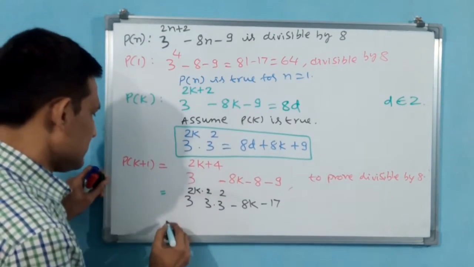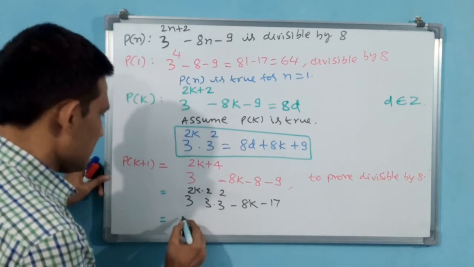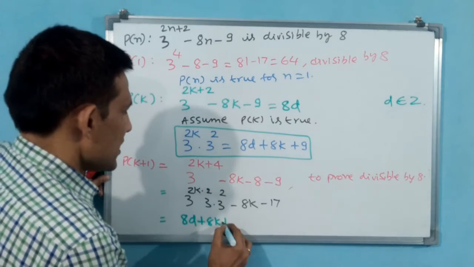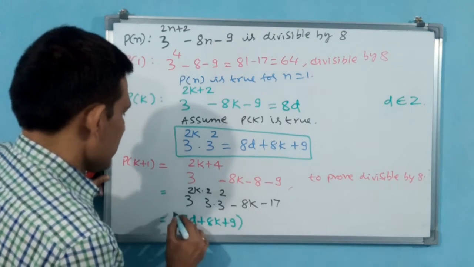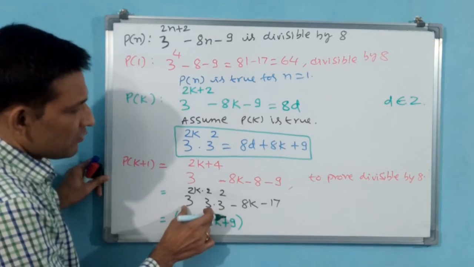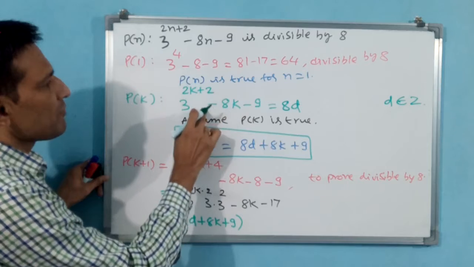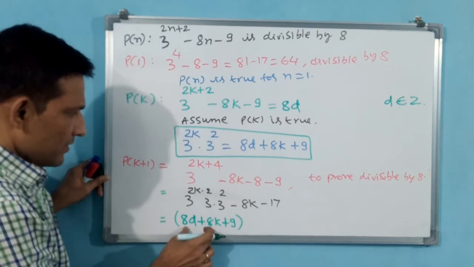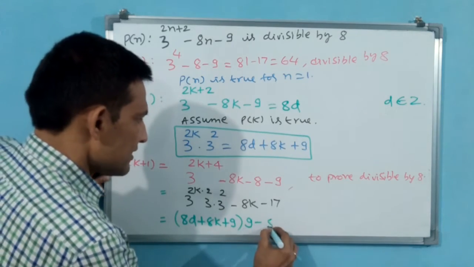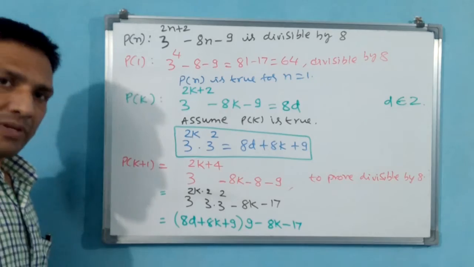That is equal to, up to here I am writing this one, 8d plus 8k plus 9, into 3 square is there outside. Why? Because for these two values only, 3 power 2k into 3 power 2k plus 2. Again 3 square is there. 3 square means 9 minus 8k minus 17. Is this okay? Definitely okay.